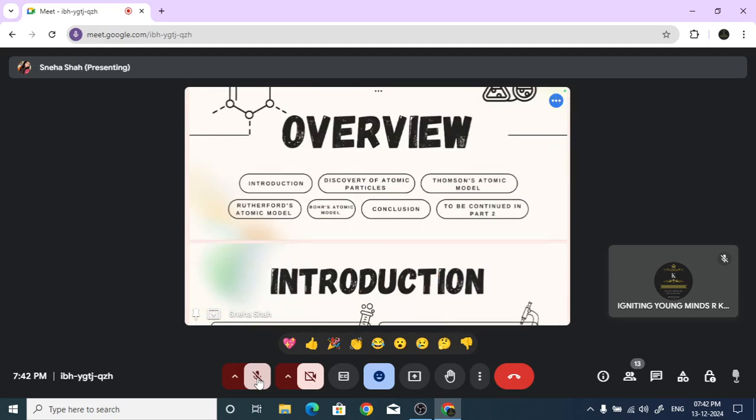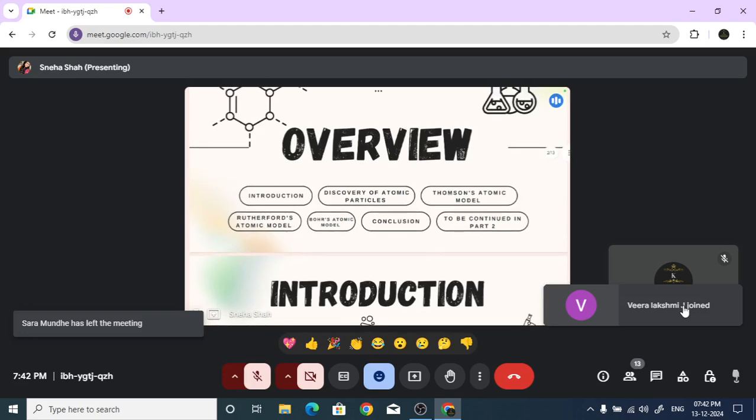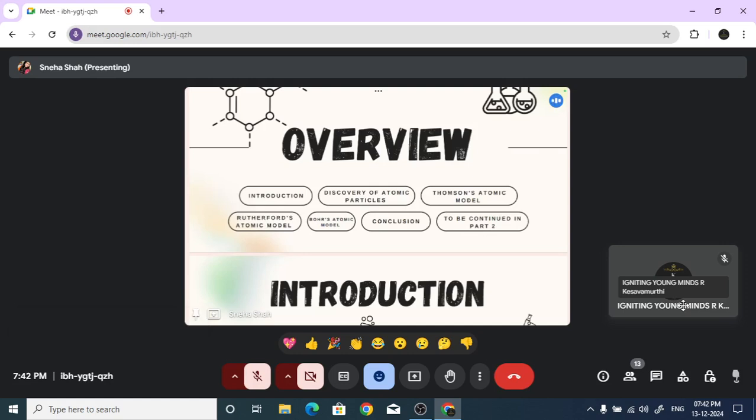There are multiple people who have contributed to such discoveries, and in this one we will be learning about three major scientists: J.J. Thomson, Ernest Rutherford, and Niels Bohr. They have given their valued contribution in discovering various subatomic particles.